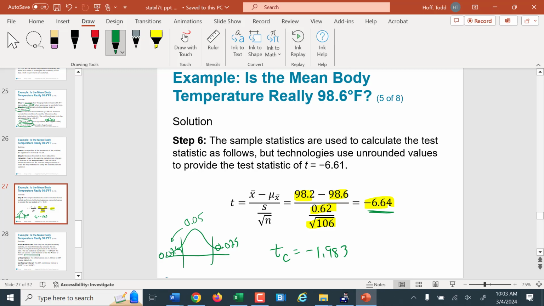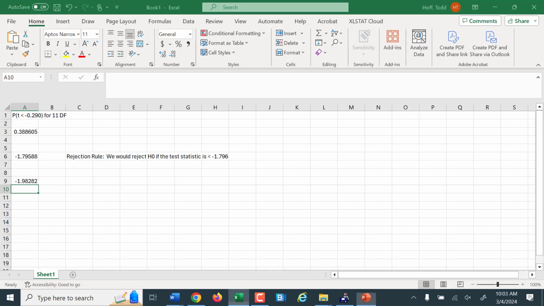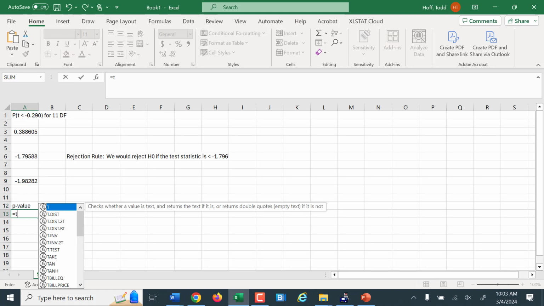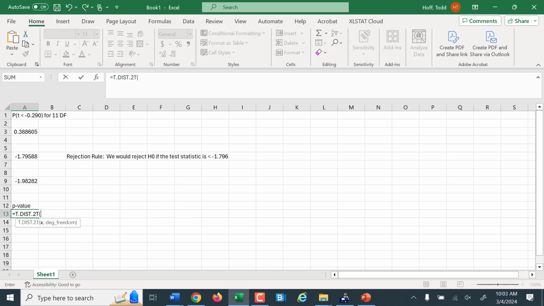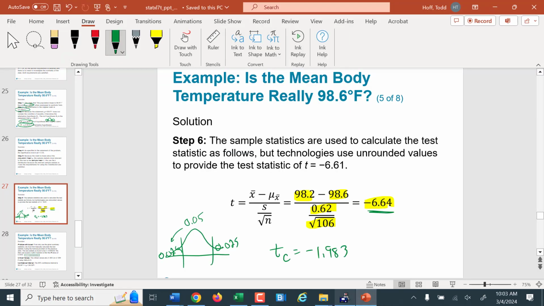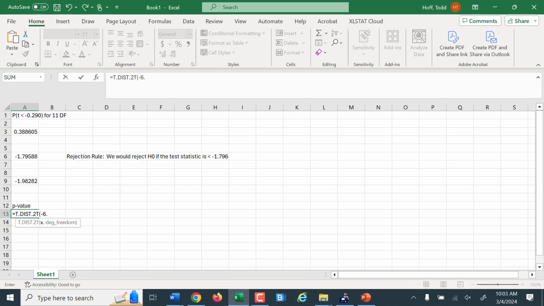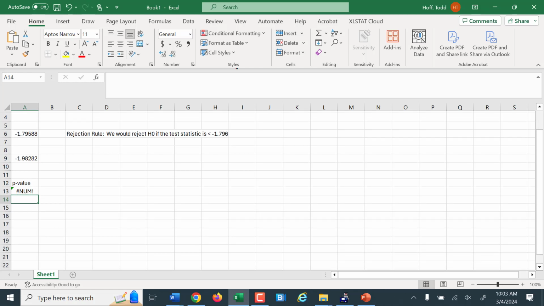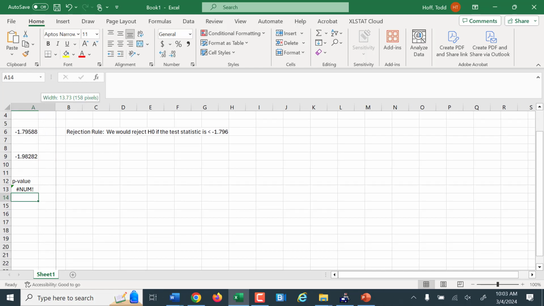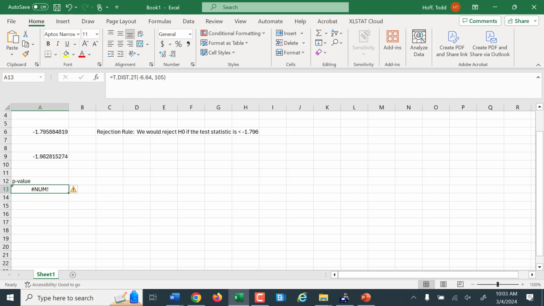Now let's find the p-value using technology. In Excel, our p-value equals T distribution. We're going to do the T distribution two-tail here. And I'm going to put in negative 6.64 with 105 degrees of freedom. And I get, oops, looks like it's going to be too small. I expand it out.